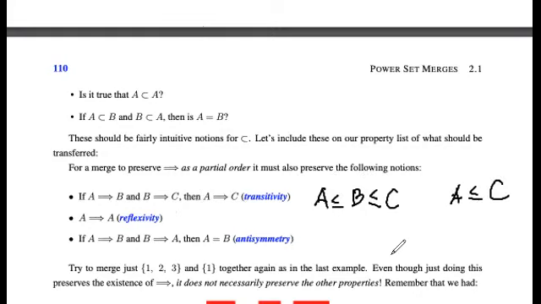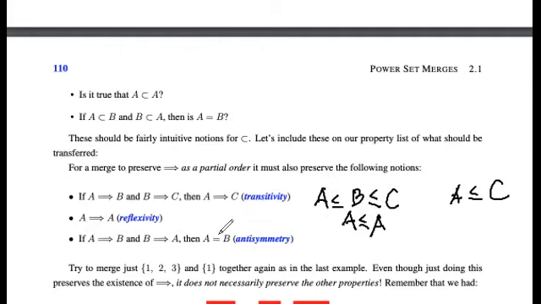Okay. And then here you could use this symbol. So for partial ordering, usually for ordering's sake, we often use this symbol, but we could use any number of things. We could use an arrow or star or whatever else. It just has to meet these basic criteria. This first one's transitivity, this one's reflexivity, and then this one right here: if A is a subset of B and B is a subset of A, then they must be the same set.